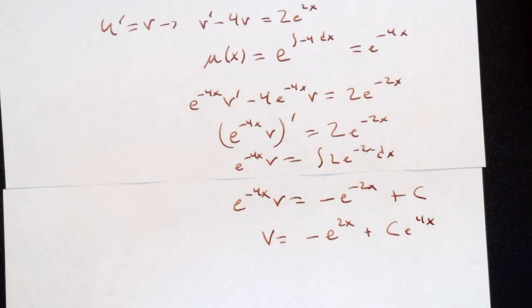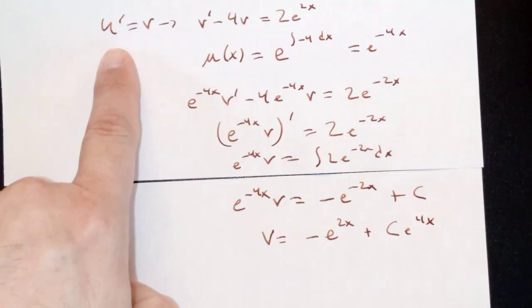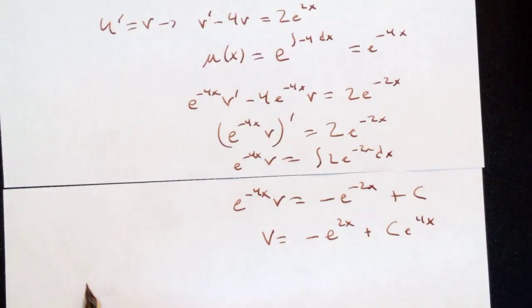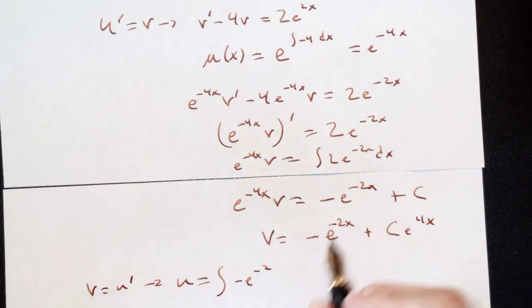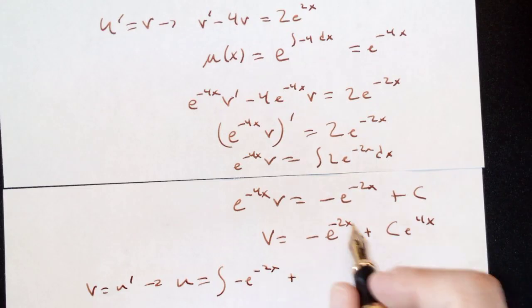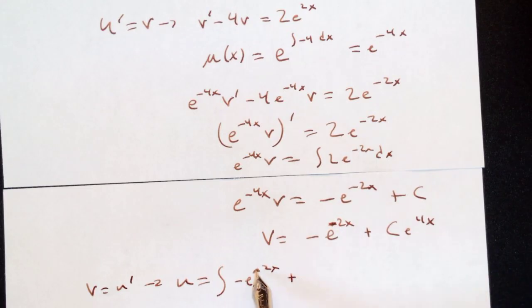So far, so good? But that's v. v is u prime. That's plus. Don't screw that up, Josh. That's plus. e to the 2x plus c e to the 4x dx.